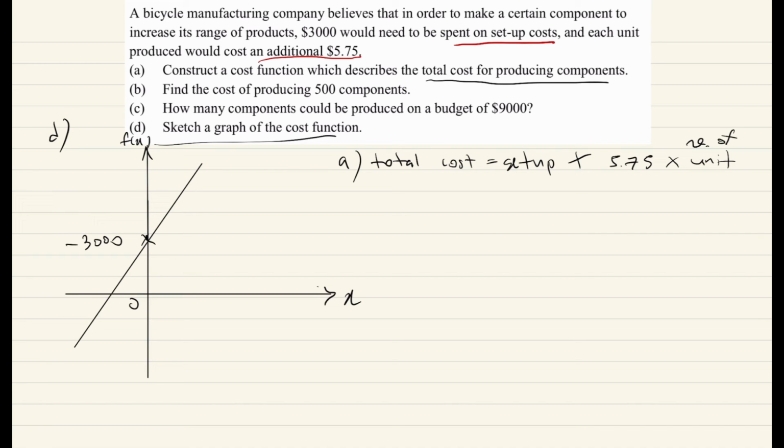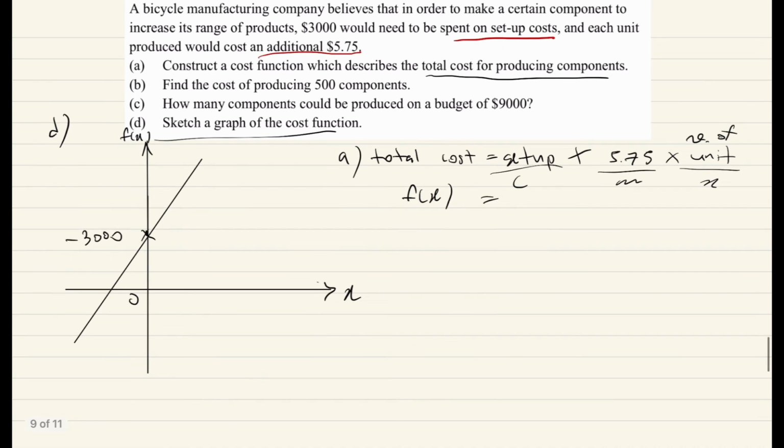And we can just change all of this to f of x. Setup is your c, this is your m, and this is your x. So 5.75x plus, well, not c, plus 3,000.